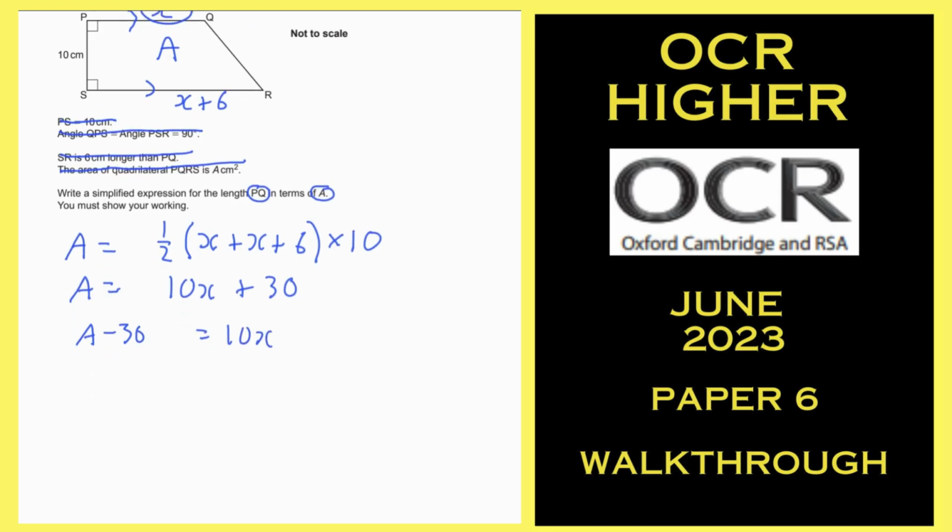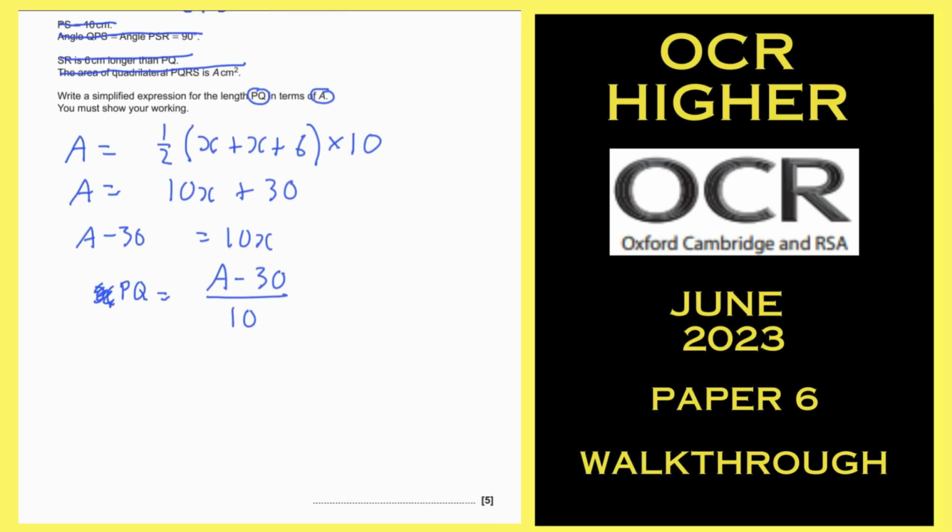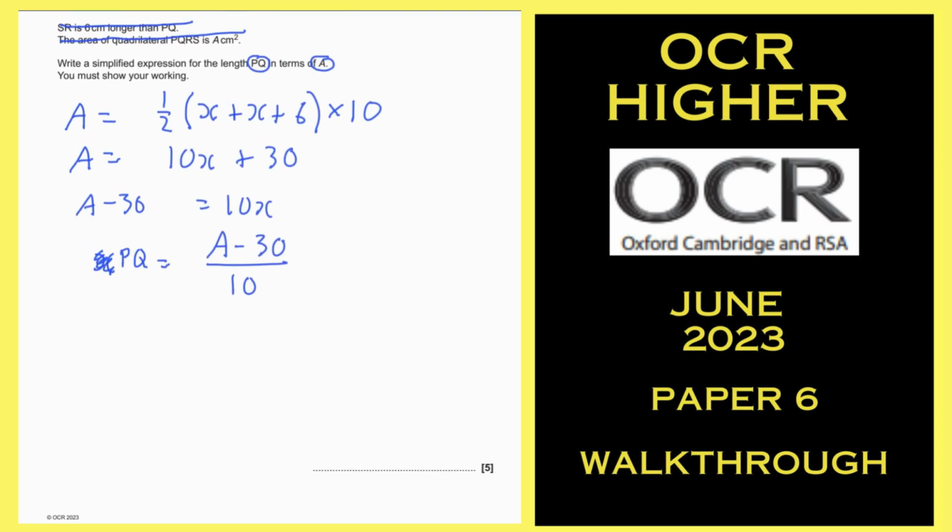And then let's divide everything by 10. X is indeed the length of P to Q. Now the mark scheme, yep folks, that's fine as an answer, but it isn't fully simplified for me. So it does say write a simplified expression. I would write it, and the mark scheme does prefer it. It's A over 10 minus 3. They're just splitting it up because the bit that's not simplified is 30 over 10, which is really 3.